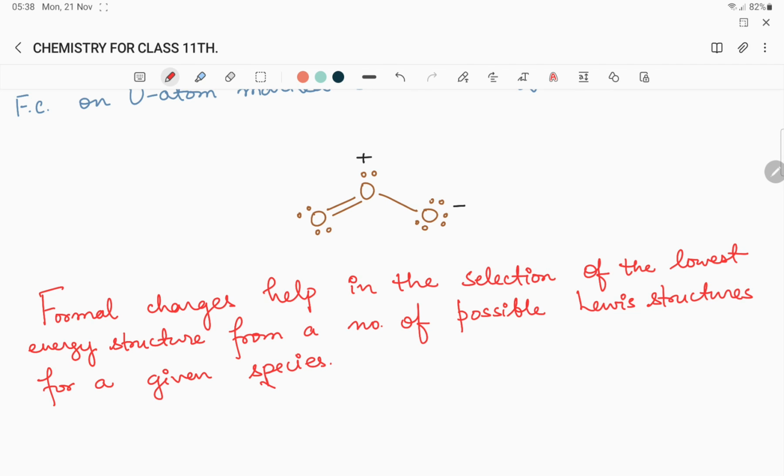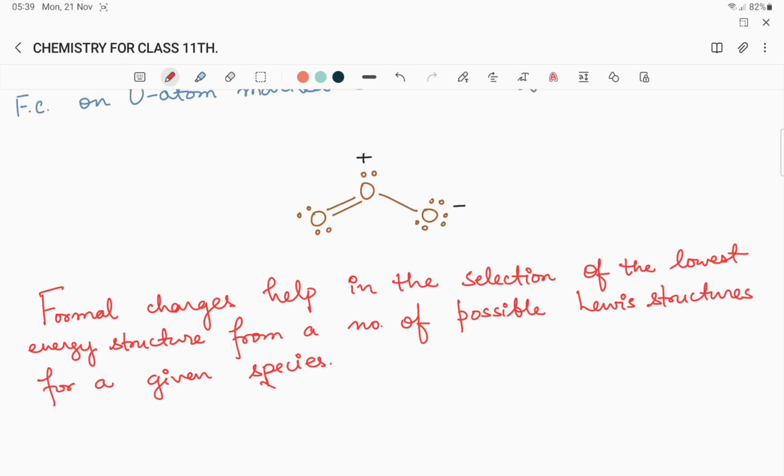Okay, so using this formula and technique you can calculate formal charge on any molecule and its individual atoms. Keep in mind that if the overall compound doesn't contain any charge, then the sum of all the formal charges will come as 0, and if it does contain any positive or negative charge, the sum of all the formal charges will come as that value.